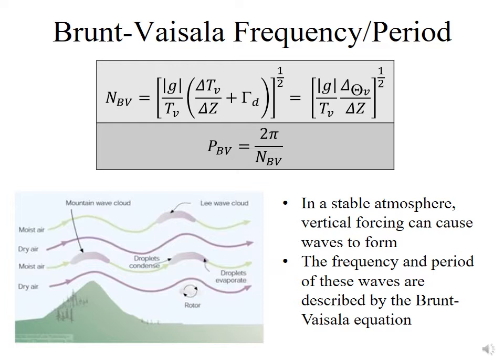Or you can also do this in terms of the virtual potential temperature, where the Brunt-Vaisala frequency is the square root of gravity divided by the virtual temperature times the vertical gradient of the virtual potential temperature. The period of the Brunt-Vaisala frequency is essentially 2 pi divided by the Brunt-Vaisala frequency.